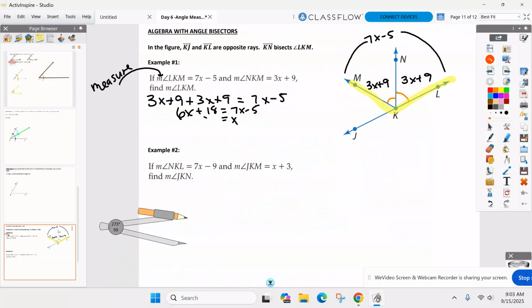Good job. 23. X doesn't make you a winner. It says, what's the measure of LKM, which we labeled 7x minus 5. So this is now substitution. Substitute in Leo's 23, and I'll ask somebody what they got for the measure of angle LKM. How many degrees?